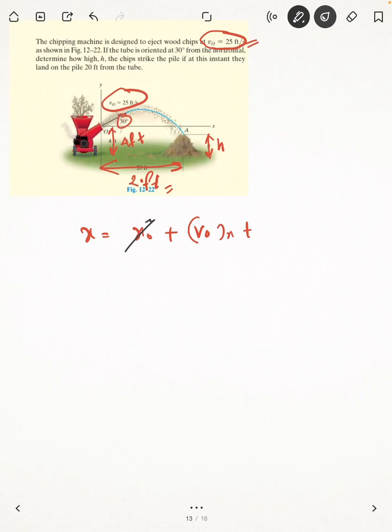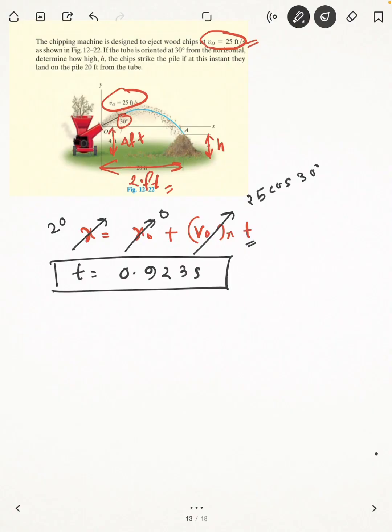So what do we know? We do not have any x naught, that should be 0. We know this x, this is 20 feet, and we know this one, this is v naught, that means 25 cos 30 degrees, and we have to find this t. So what will be the value of t? If you do the calculation, you're going to end up with t as 0.923 seconds.